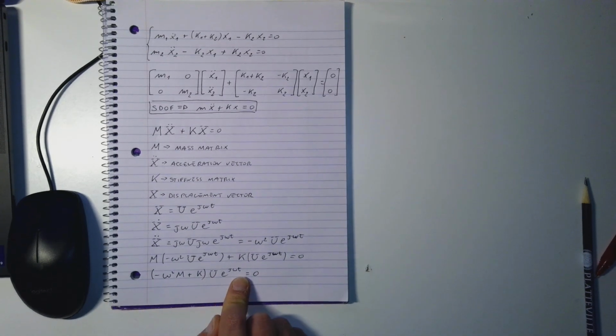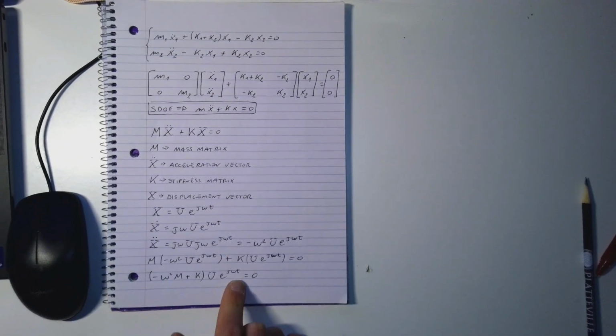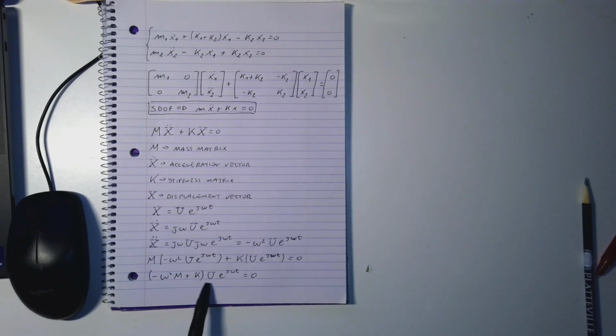Now from this equation here, this is a product between basically three quantities. The first quantity is what we have here between parentheses. The second quantity is our displacement, our vector that basically will be the amplitude of displacement, and then we have this term here.